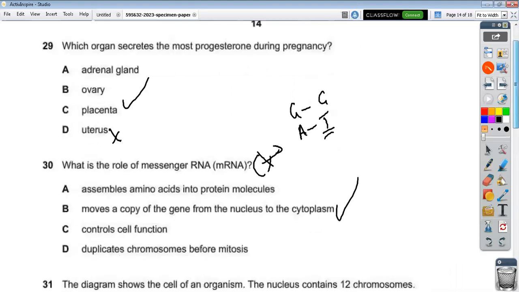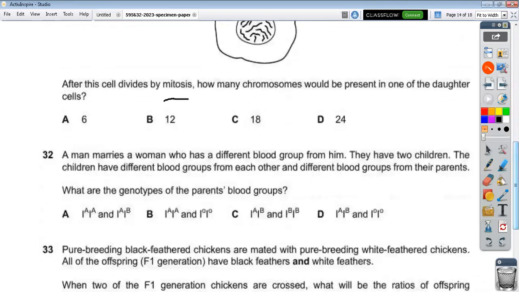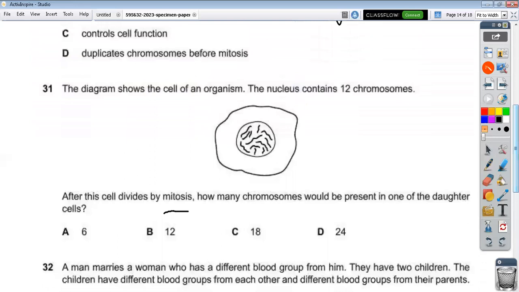After cell division by mitosis is the keyword. So what happens? What's the correct answer? Is it 6? How many are they, if you read the question? It's 12.